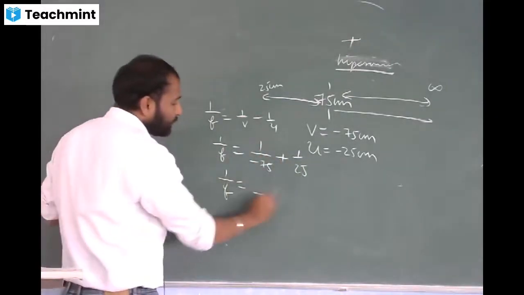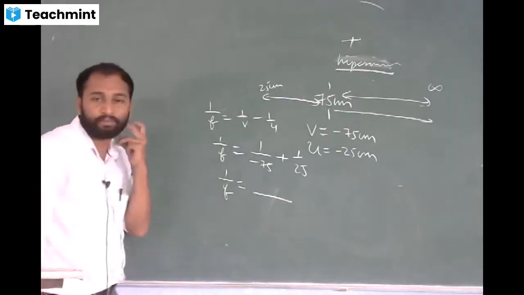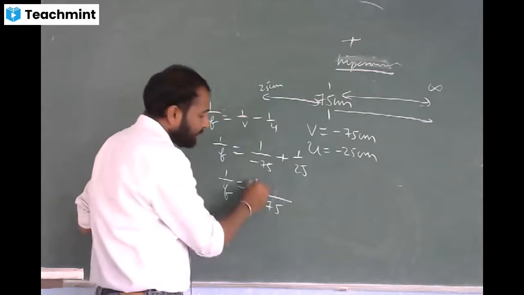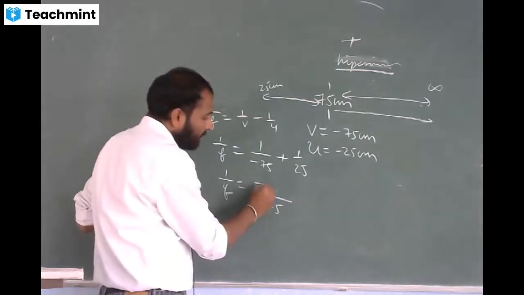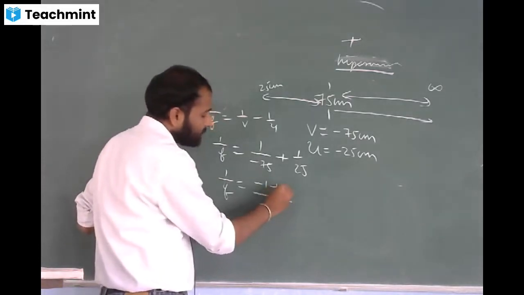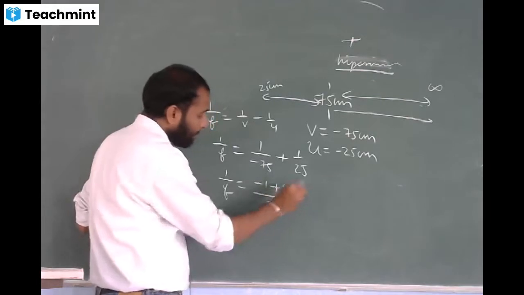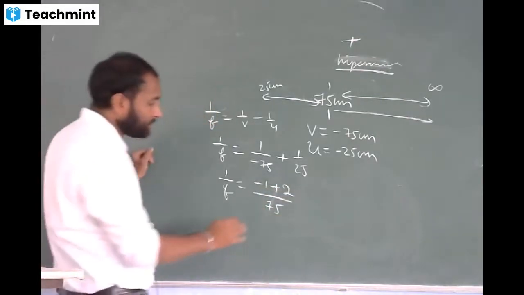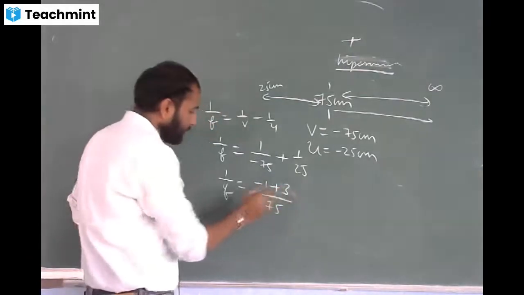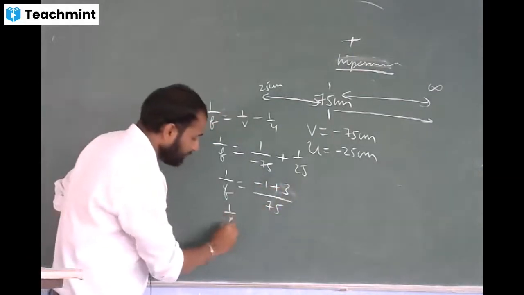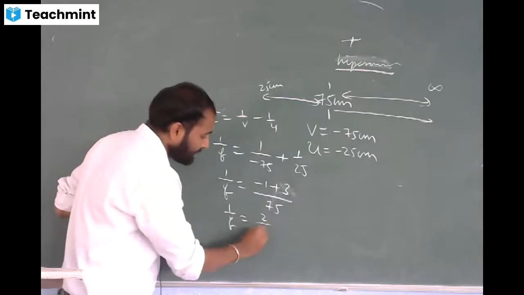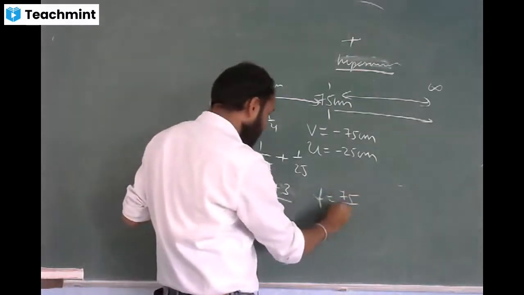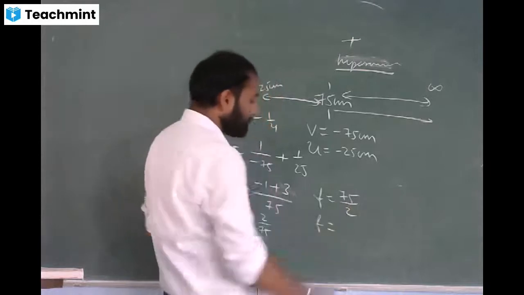So 1 by f is equal to, if you take LCM, 75, 25 3s, minus 1 plus 3. So 1 by f is equal to 2 by 75. So f is equal to 75 by 2.